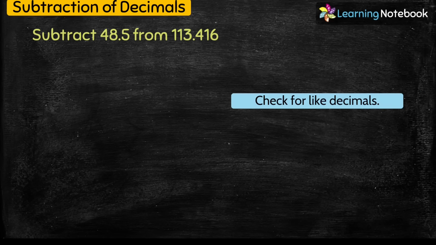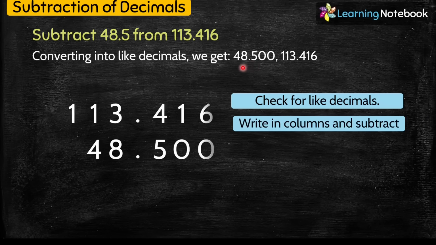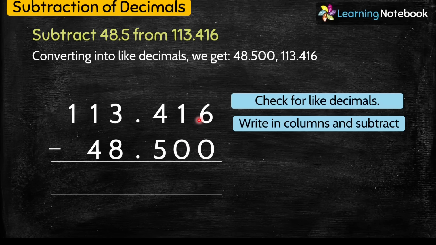Now students, write them in columns in such a way that the decimal points are below each other. Now let's subtract them. First we will subtract the decimal part. 6 minus 0 equals to 6. 1 minus 0 equals to 1.